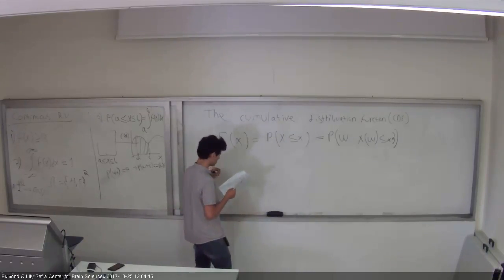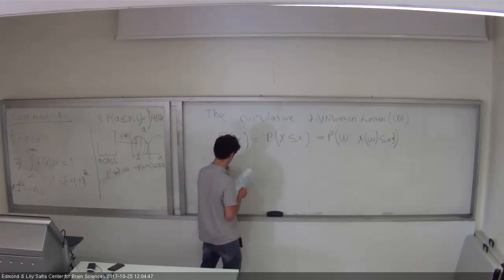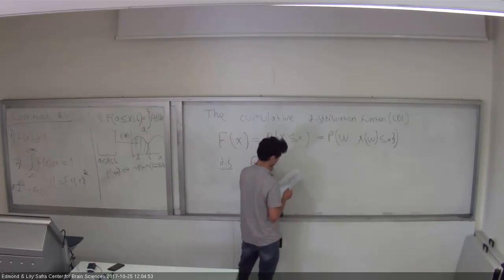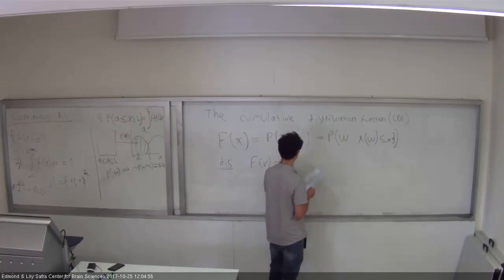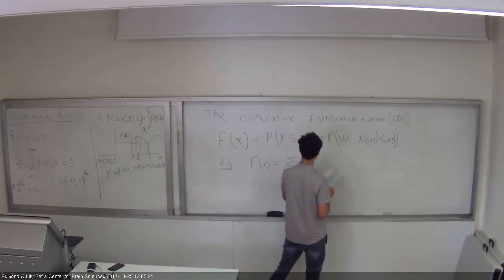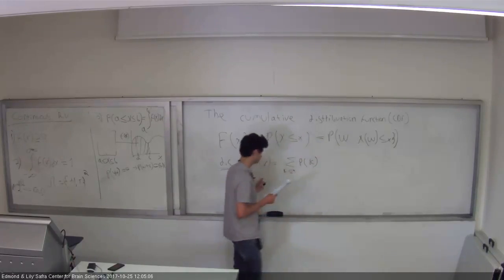In the discrete case, F of x is equal to the sum over all the values that are not bigger than x, of p of k.